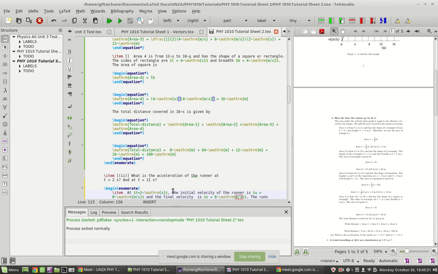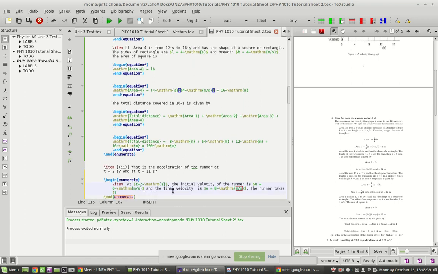The runner takes 2 seconds to carry out this change in velocity. We get acceleration a as follows.